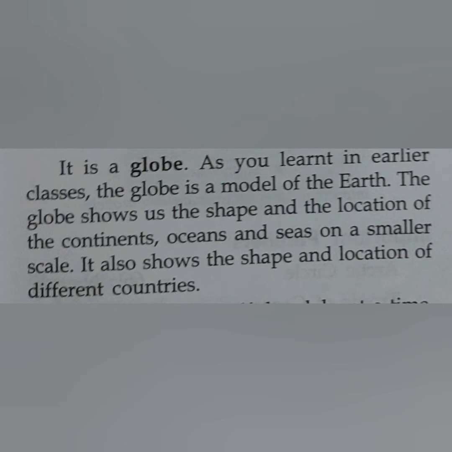You can see all the continents, all the oceans and seas on the globe, but in smaller scale. You can see the smaller size of all the continents, oceans and seas, and even the countries and the important locations of the cities. You can see all these things on the globe, but in smaller size.